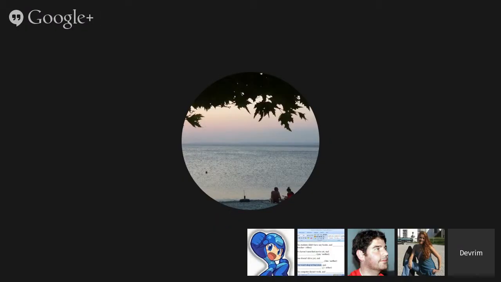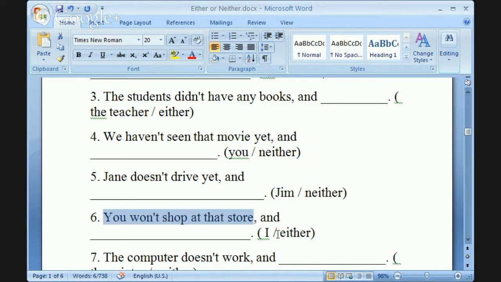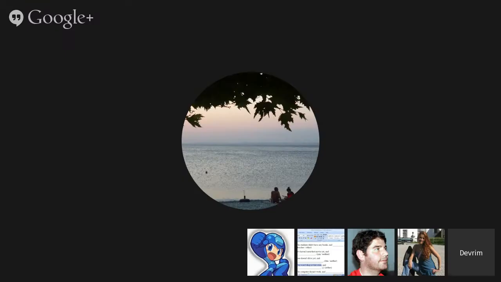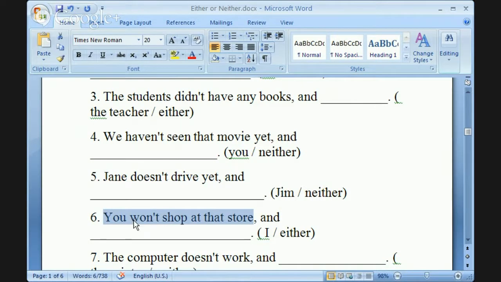Yes, of course. You won't shop at that store, and I won't either. It's confusing, yes. With either, you're again going to use the negative auxiliary verb.